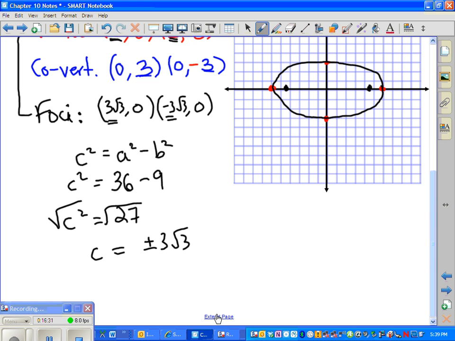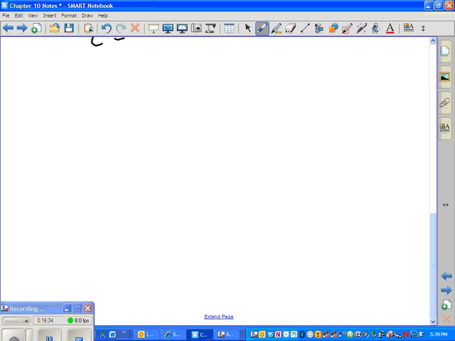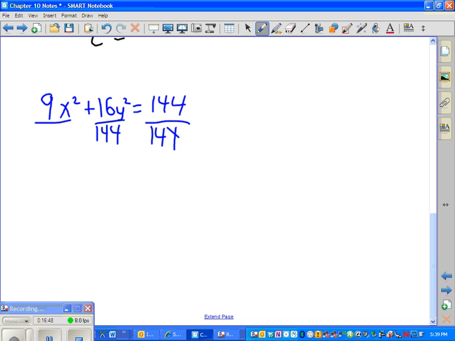So here is how you graph an ellipse. Now, one thing I do want to point out with ellipses is sometimes you're going to get things like this, where the right side does not equal 1. So what you have to do is divide them by 144, and then simplify. So when I simplify this, I get x squared over 16 plus y squared over 9 equals 1.